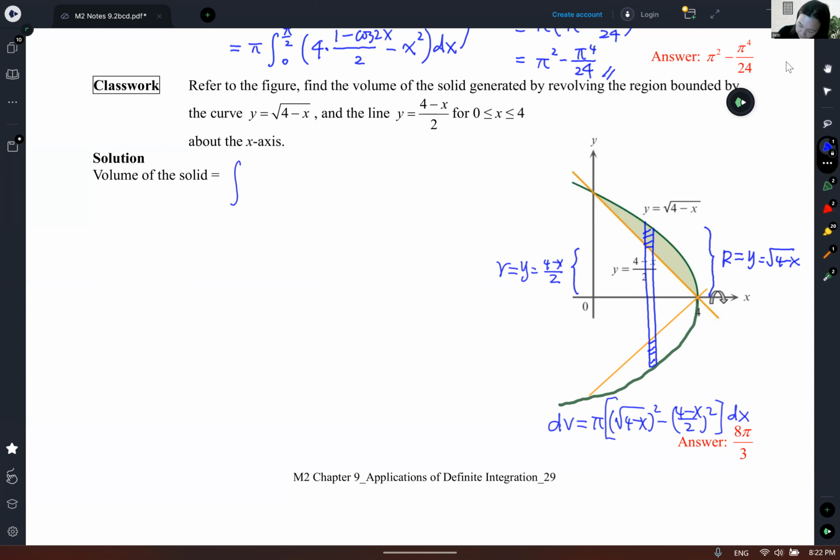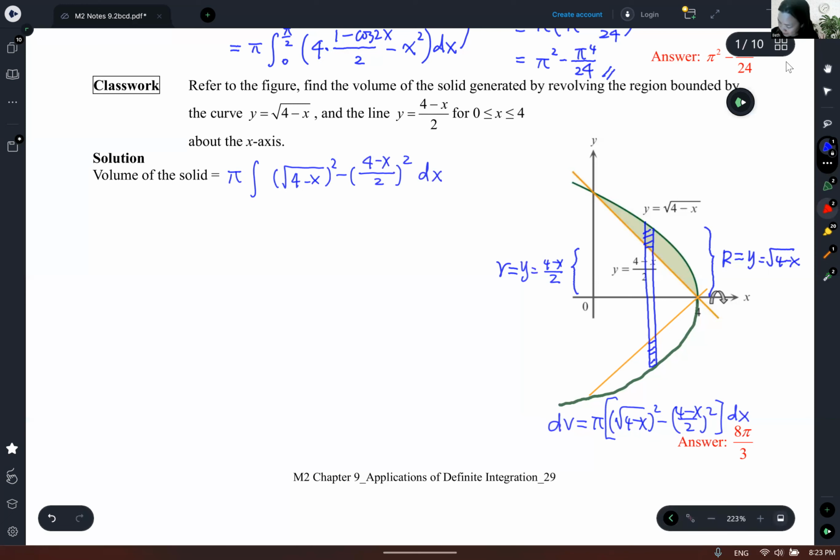So the whole solid is pi times all of that, the first R minus the smaller r, dx.